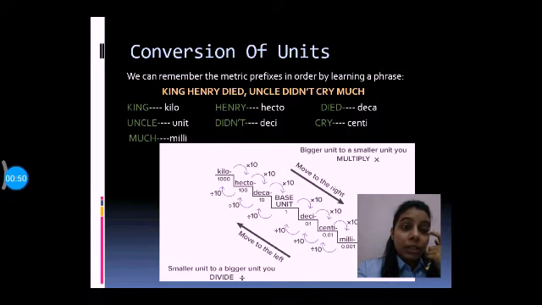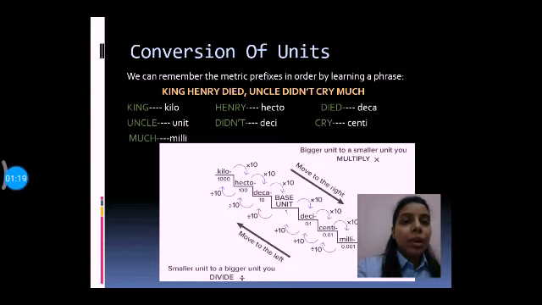First of all, here you see the same chart that we have seen yesterday and the day before yesterday, right? In this chart you can see those same metric prefixes that we used for units of length and units of weight. Here also we use the same metric prefixes, but in today's scenario our basic unit will be liters.